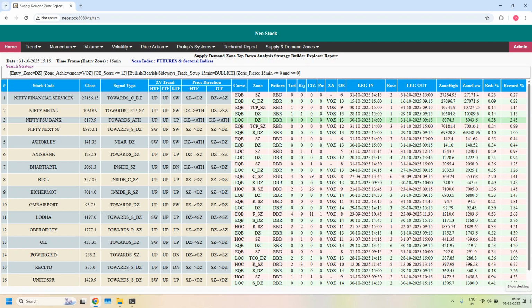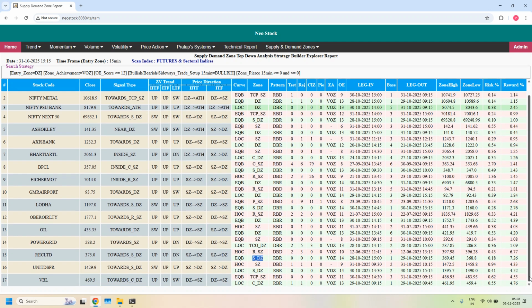First 16 stocks in the list. All the entry time frame zones are 15 minutes demand zones. Scrolling the list down, total we got 17 stocks.